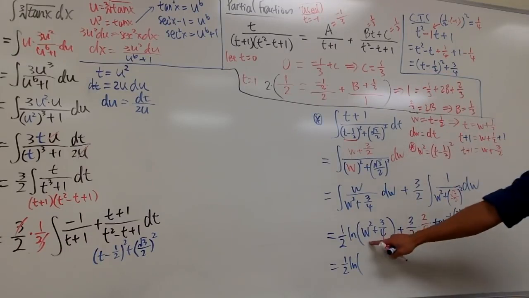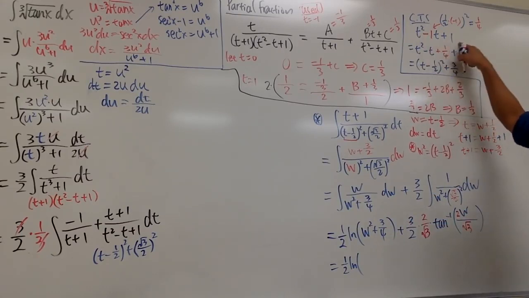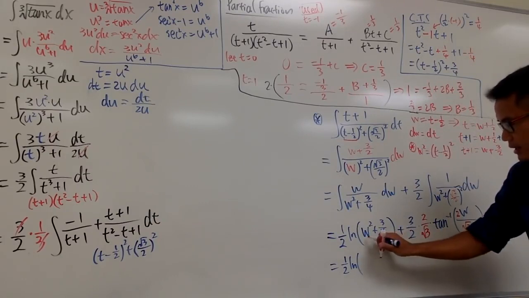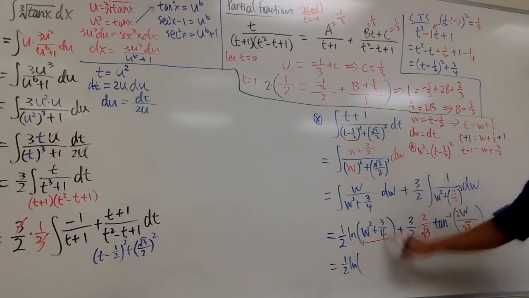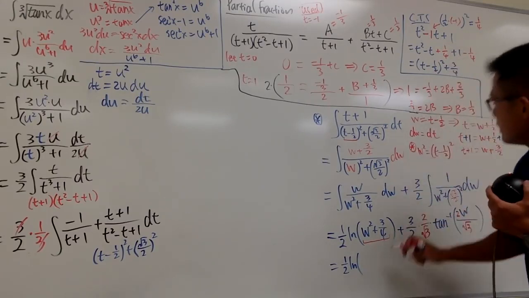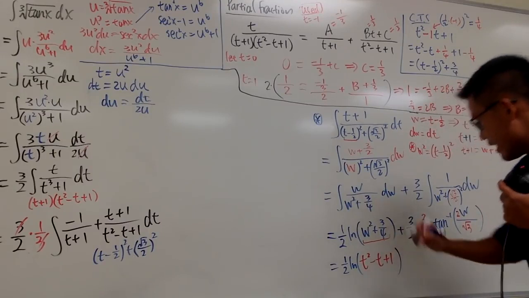Once again, w is t minus 1/2, you square that, and then add 3 over 4, which is the same as that. For all that, it's going to be t squared minus t plus 1, okay?